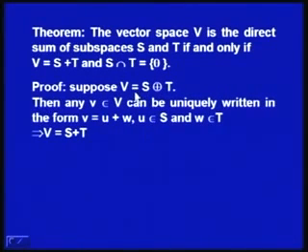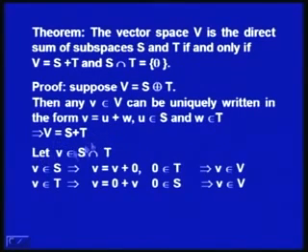Suppose V is equal to S direct sum T, then any vector V belonging to V can be uniquely written in the form V is equal to U plus W, U belonging to S and W belonging to T. That means V is equal to S plus T. Now you have to show that if it is uniquely represented by the definition of direct sum, then S intersection T is equal to 0.